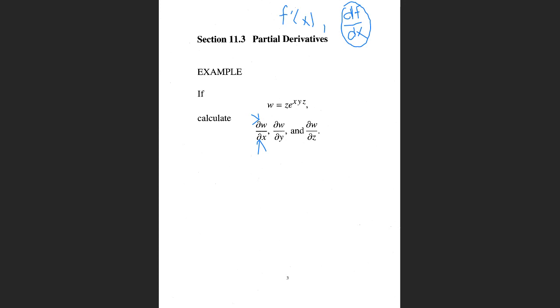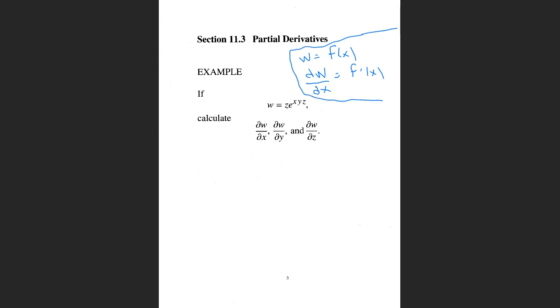But when you're doing partial derivatives, you use this symbol for a partial derivative. What I'm trying to say here is that if, for instance, w were just a function of one variable, then you would have dw dx equals f prime of x, and the dw dx is the Leibniz notation.